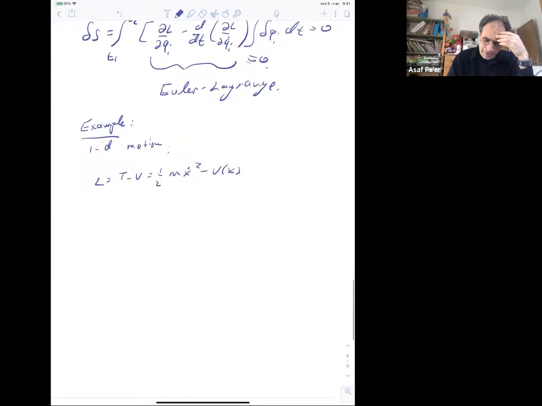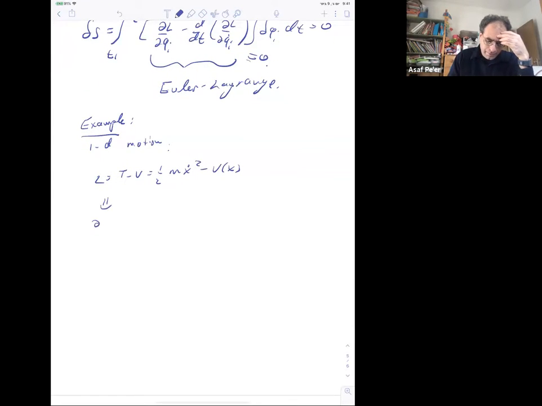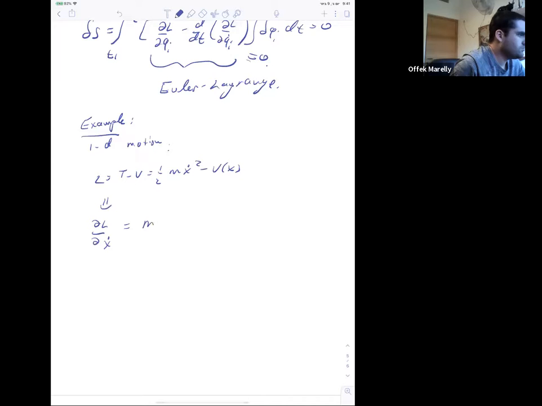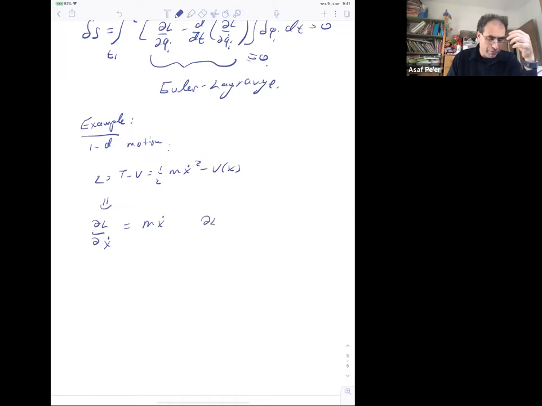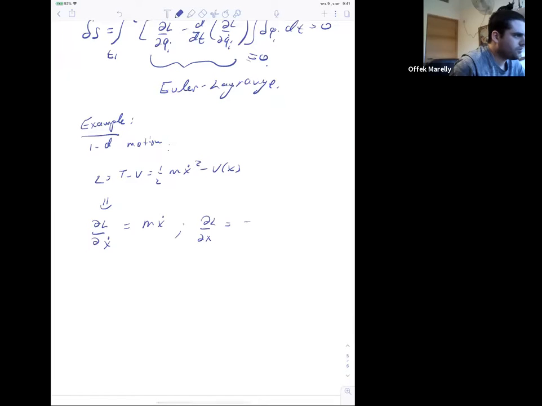Then of course, what is dL over d x dot? m x dot. Right, what is dL over dx? Derivative of V of x, minus V of x.